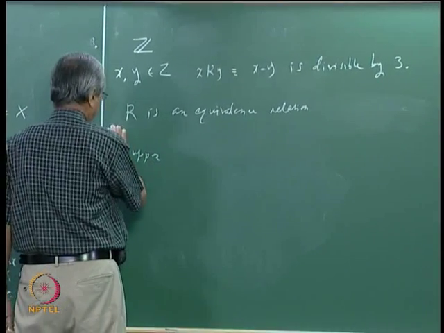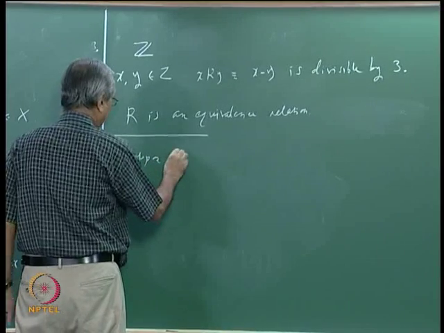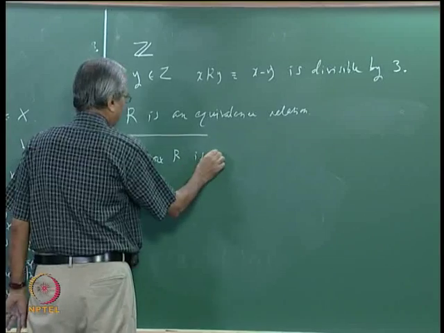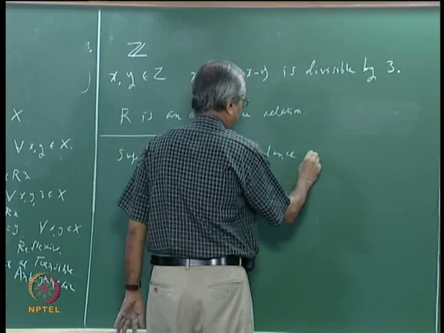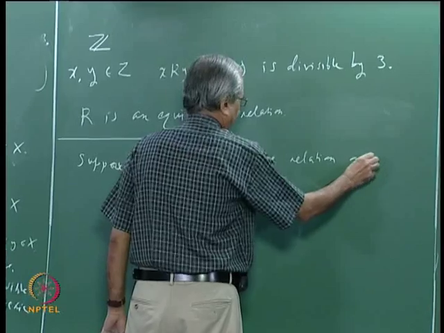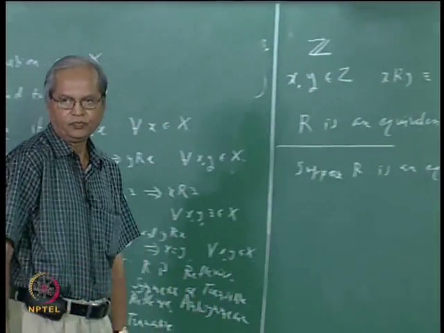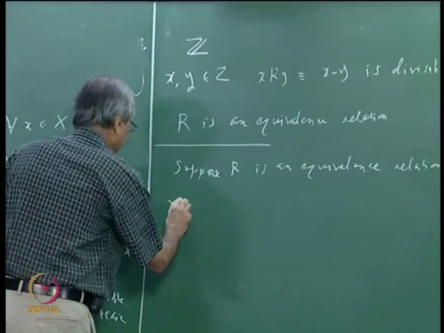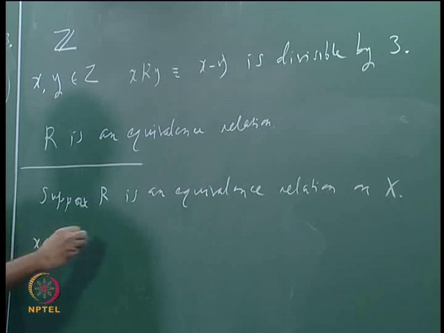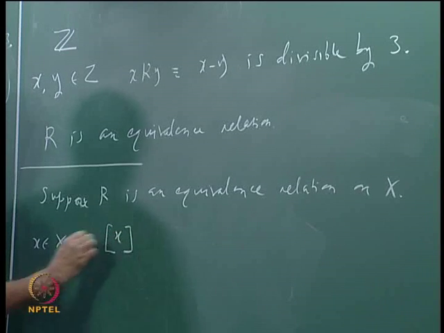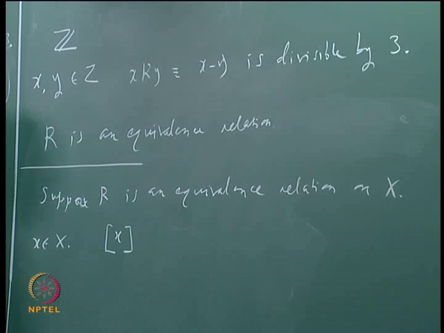Let us forget about this example for the time being and come back to the general case. Suppose R is an equivalence relation on X, and you take any element, let us say small x in X. Then we define an equivalence class containing x, usually denoted by x placed inside square brackets.